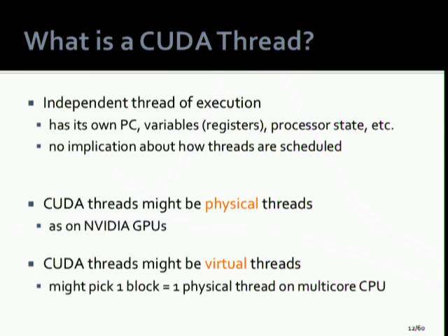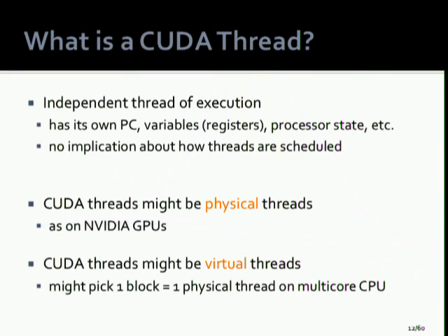So CUDA threads might be physical threads, like on NVIDIA graphics processors. Each CUDA thread is mapped directly onto a hardware thread. They might be virtual threads. For example, there are CUDA implementations for other things besides NVIDIA GPUs. They're all kind of research projects right now, so nothing that you could really use. But there have been announced plans to make CUDA run on things other than NVIDIA GPUs, where you might want to map things differently.